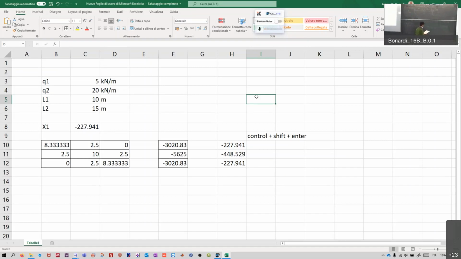Plus x2 times L2, plus x2. Then we can just divide everything by L2. And this is the value of VC.